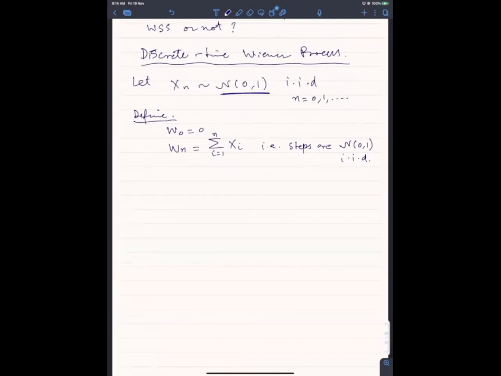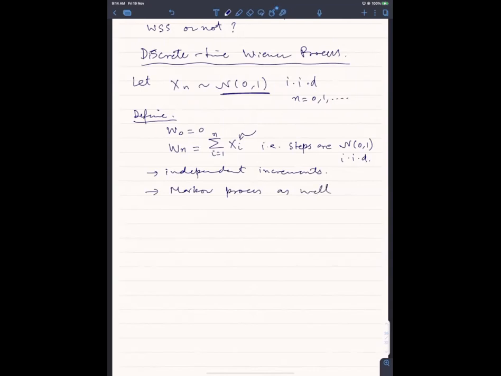Since this is a random walk process in which the increments, instead of +1 -1, are governed by a random variable, that doesn't take away the independent increment property. Okay, so this has independent increments just like the random walk had. And the random walk was a Markov process. So it is a Markov process as well.